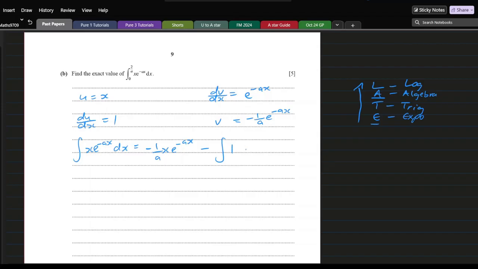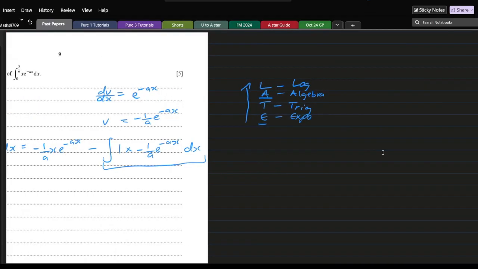So 1 times negative 1 over a e to the negative ax, alright, with respect to x. So let's focus on this integral. Let's work on it on the side. So this is the integral of negative 1 over a e to the negative ax with respect to x.